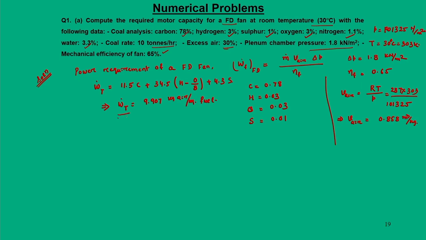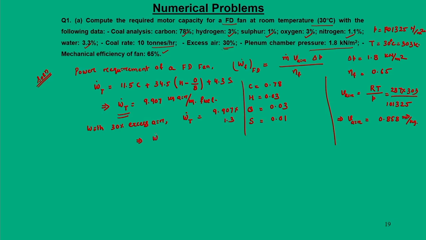So, this is the stoichiometric requirement, but we are supplying excess air. So, the total air requirement will be 30% higher than this. So, we can say with 30% excess air, this W dot T would be 9.907 into 1.3.